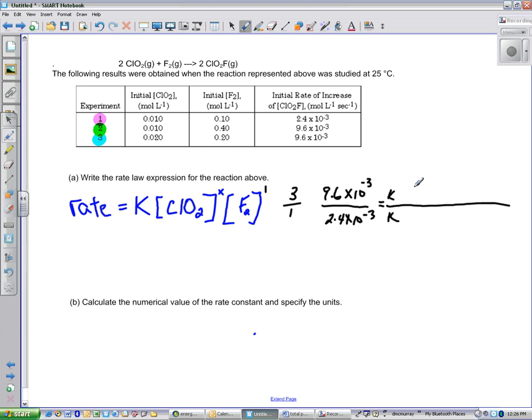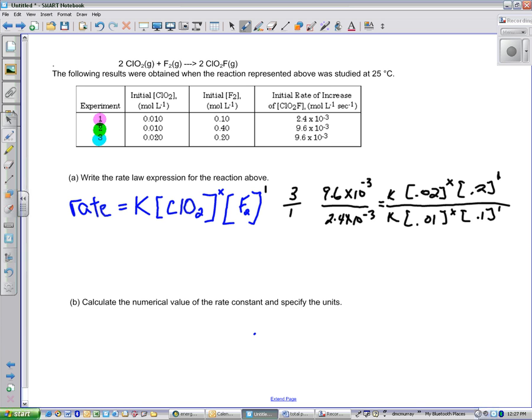But both terms are going to be important in this case, because here we're going to have 0.02 to the x and 0.01 to the x. And for the other term, we're going to say, well, 0.2 to the first over 0.1 to the first. Now I could put the first in there because I solved for y, and y was 1.